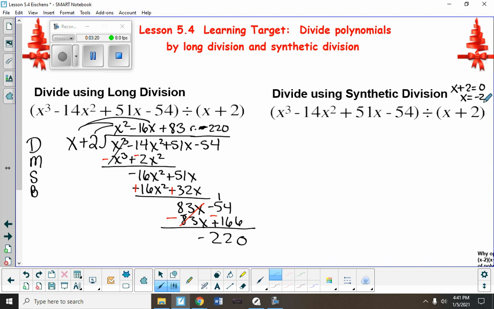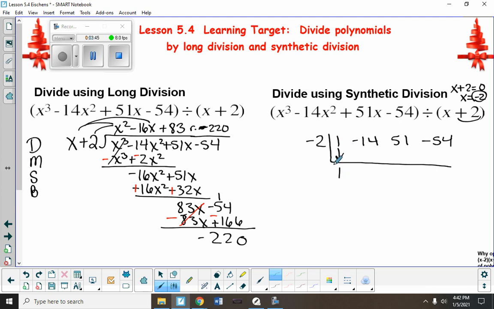So what we do is we're going to use a substitution with a negative 2, synthetic substitution. So that's the big thing. You always have to use the opposite sign of what you see right here. And now we're just going to use the coefficients. So we have 1, negative 14, 51, and negative 54. So let's bring down a 1.